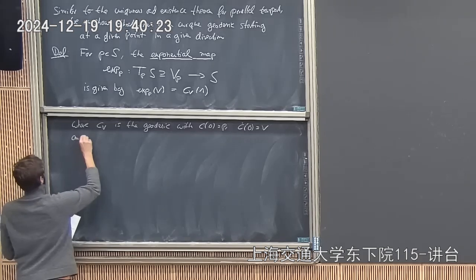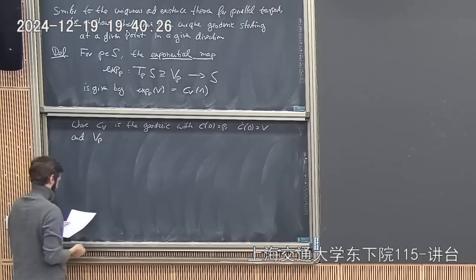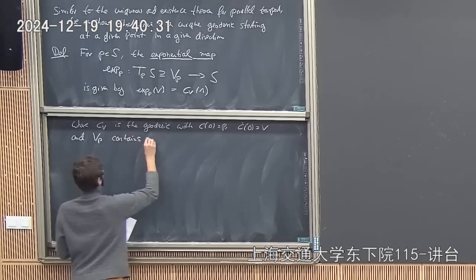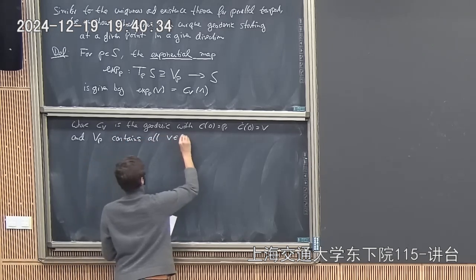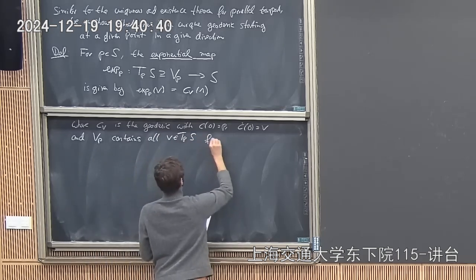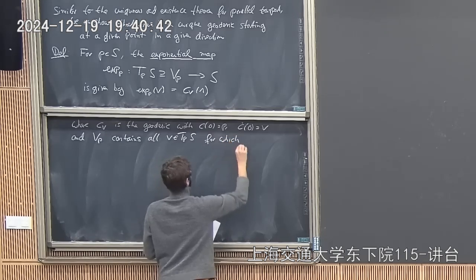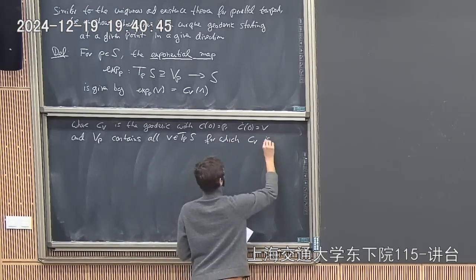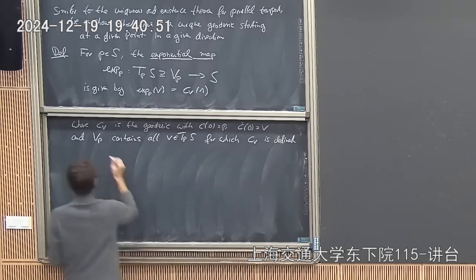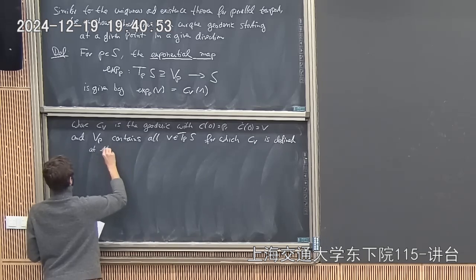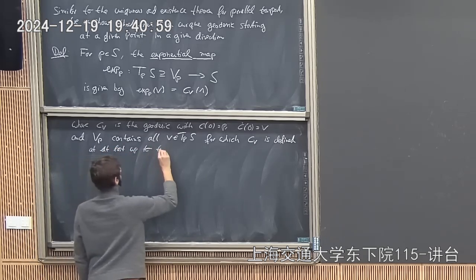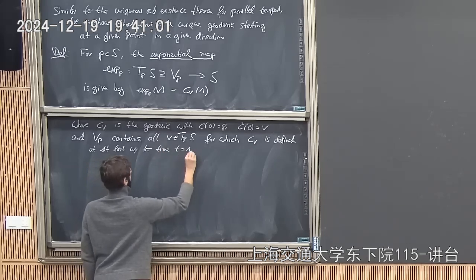And V of P is the subset of all vectors of the tangent space for which C of V is defined at least up to time t equals 1.